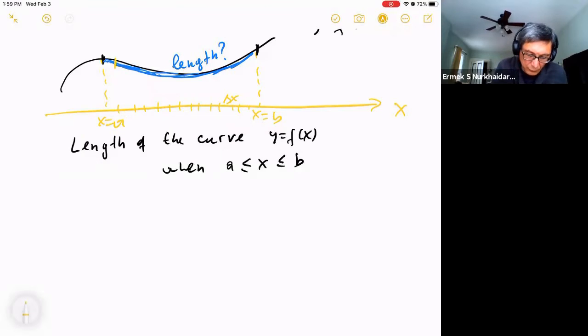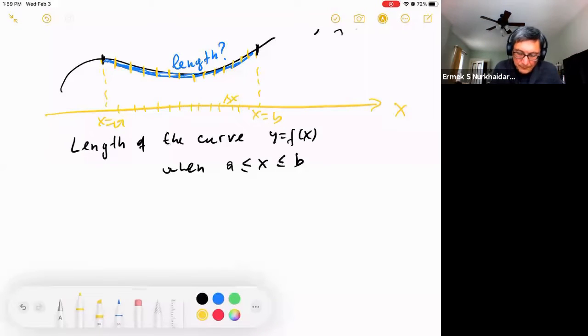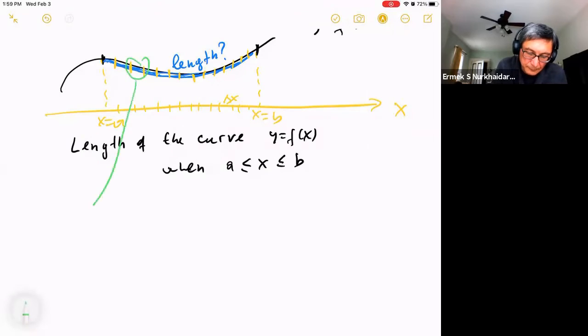That in turn will divide our curve into pieces, right? And then we're going to take a look at one particular piece, say this one. So the length of this piece.